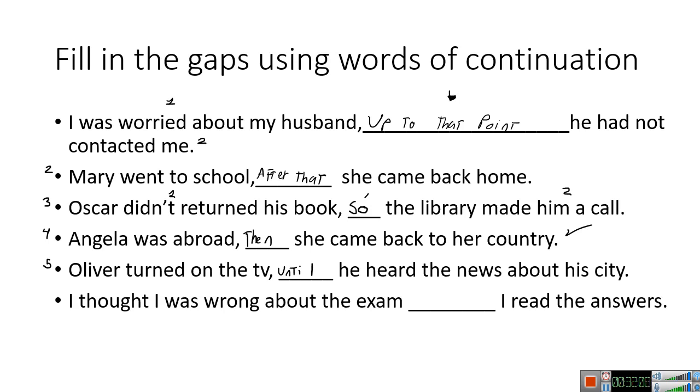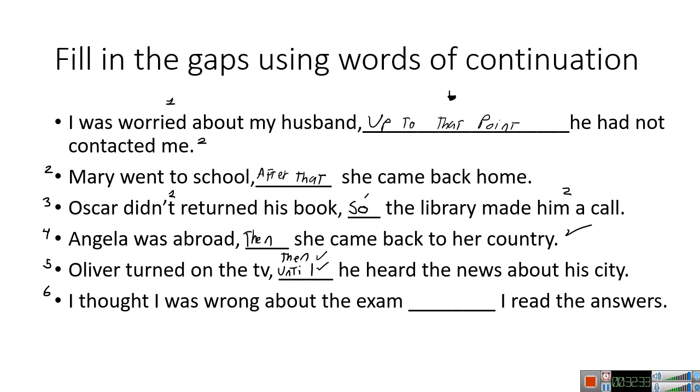So until works because Oliver was watching the TV and he heard the news about his city. Until works. Also, then would work. Oliver turned on the TV. Then he heard the news about his city. So then and until, these two work.